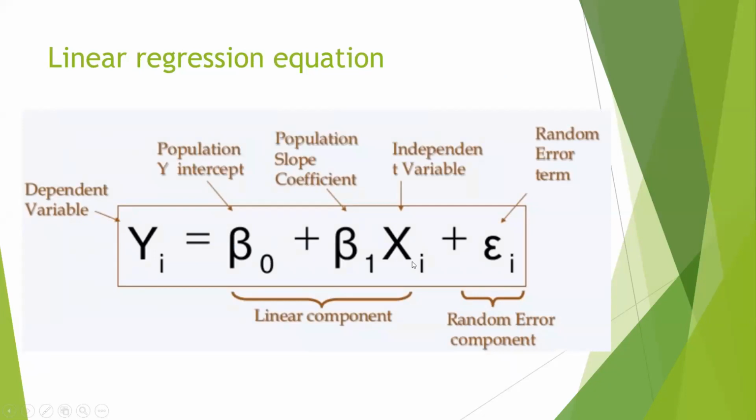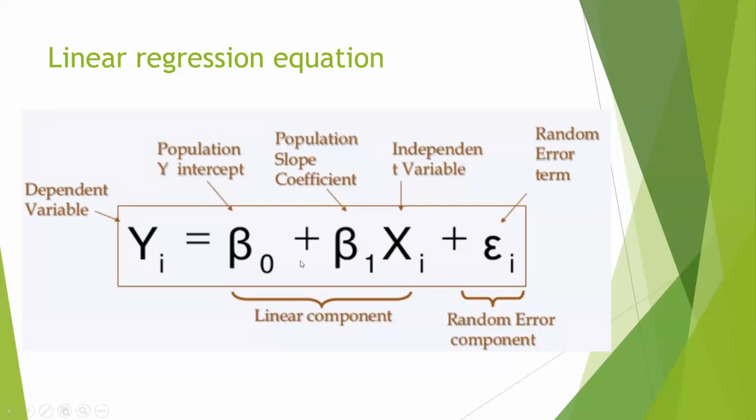Okay, but what happens in general? We cannot say just one variable is associated with or affecting y. Let's say for the COVID pandemic, there could be a number of factors: whether a person is vaccinated or not, whether a person is going out for work or not, male or female, and whether the person has comorbidity or not.